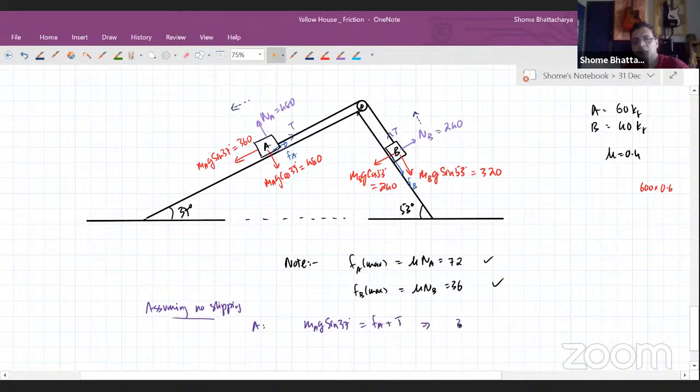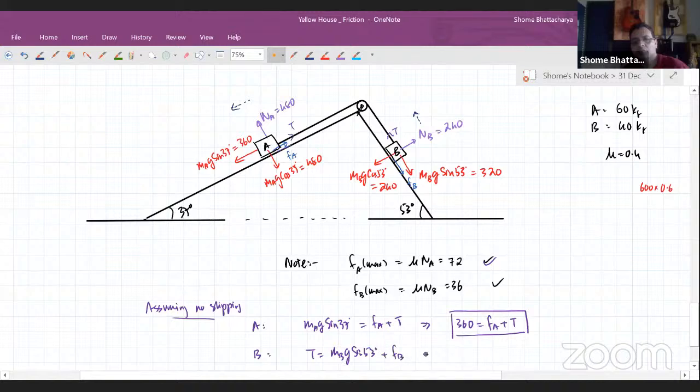So we have 360 newtons is equal to friction on A plus tension. And we know that the maximum possible value of friction is this much. For block B, tension is balanced by the weight's sine component plus friction.